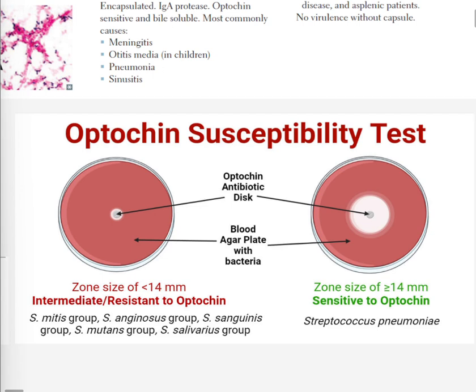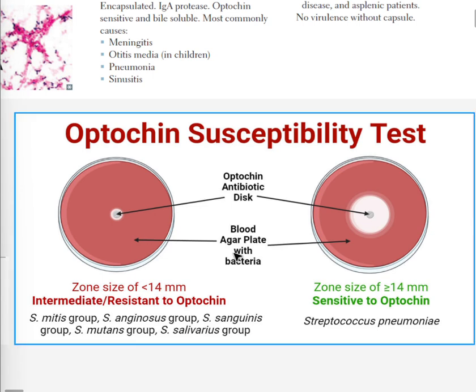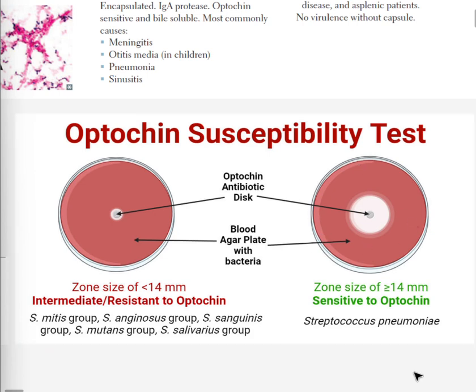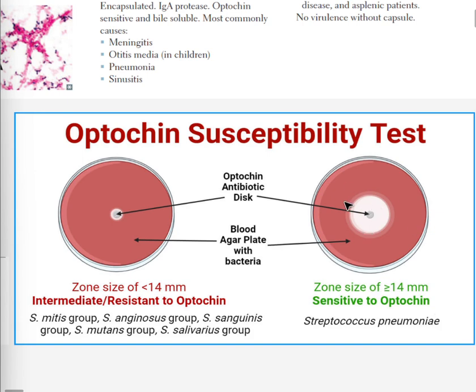So how is it performed? You grow the bacteria on the blood agar, you place the optochin disc right in the center, and you incubate. After incubation, if the bacteria stop growing around the disc, there's a zone of inhibition around the disc. That means it was sensitive to optochin, which is basically Strep pneumoniae.